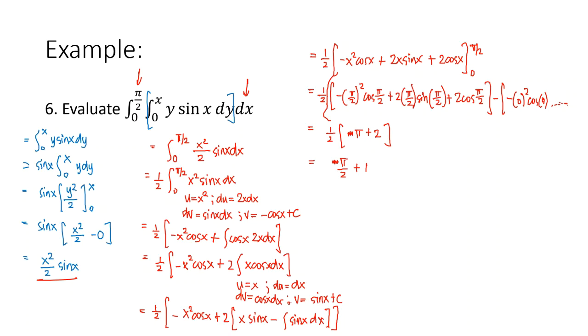Then the lower limit would be positive 2. Okay, so our final answer is pi over 2 plus 1, or you can even have this as your final answer as well. Okay, so I hope the video discussion is clear, and we'll have triple integrals in a separate video. Thank you for listening.